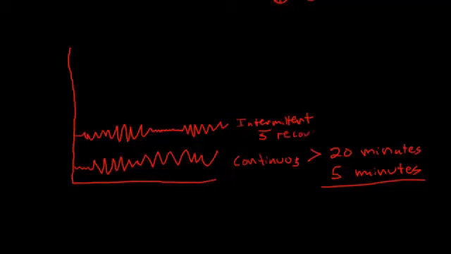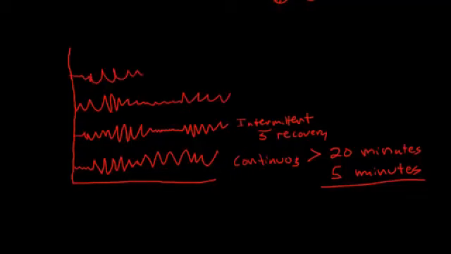Now, we could have partial seizures that only involve two or three EEG leads in one hemisphere, or it could be generalized. And so this would be a generalized status epilepticus.